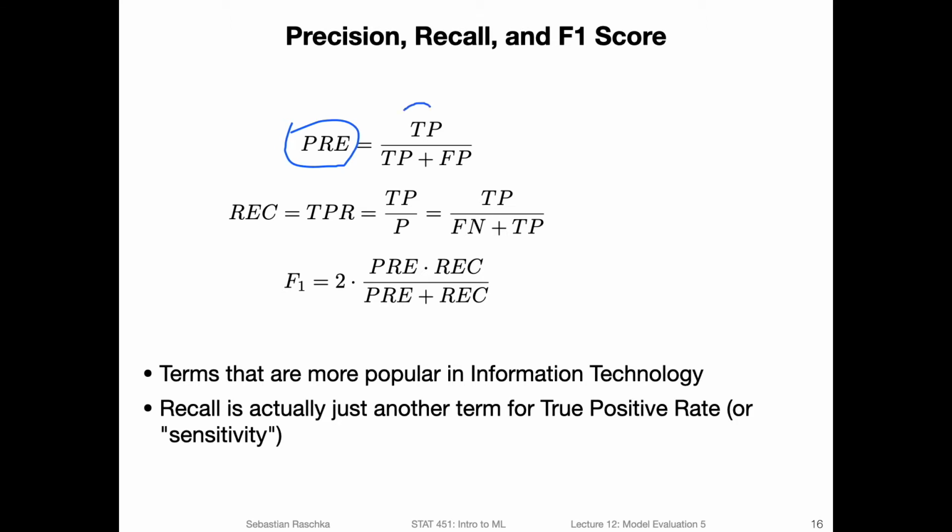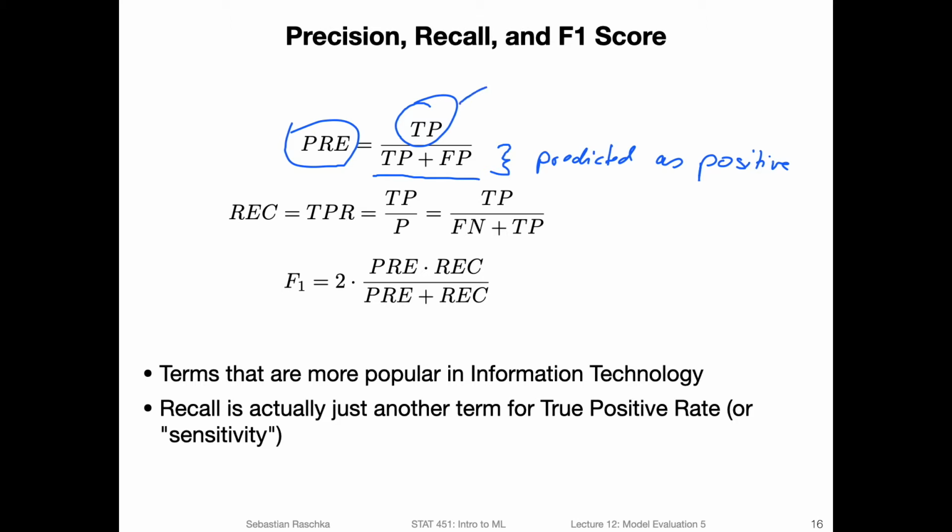So how is the precision computed? It's computed by the number of true positives divided by the true positives plus false positives. So if you think about true positives and false positives, these are the ones that are predicted as positive. So in that sense, if we take a look at the spam example again, these are predicted as spam email.